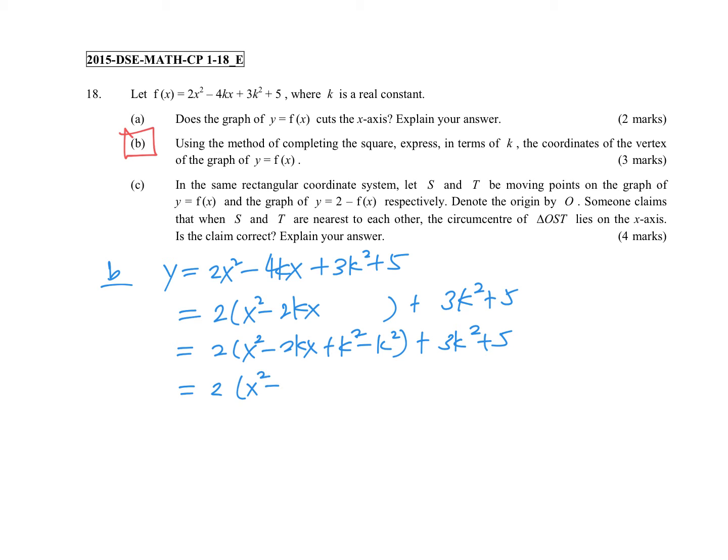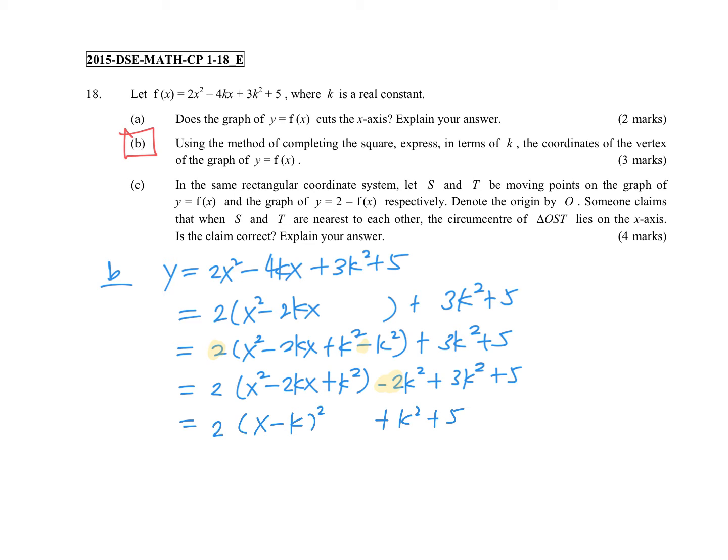Then we just need the first three terms, so expel the fourth term out of the bracket. But be careful: negative times 2, so that's why negative 2k squared here. After that, that will be 2 times the bracket (x minus k) all squared, plus 2k squared plus 3k squared, so that will be plus k squared, and then plus 5.